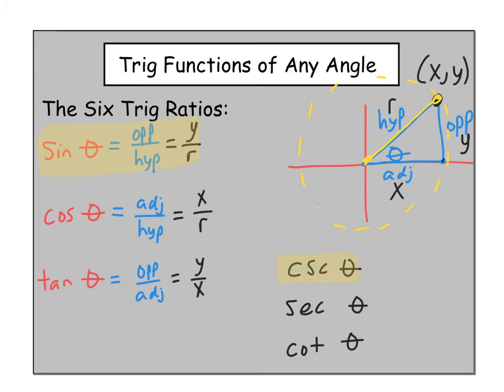That means that cosecant is really just going to be, instead of opposite over hypotenuse, hypotenuse over opposite, or r over y. Okay, secant goes with cosine, so it is the hypotenuse over the adjacent, or r over x.